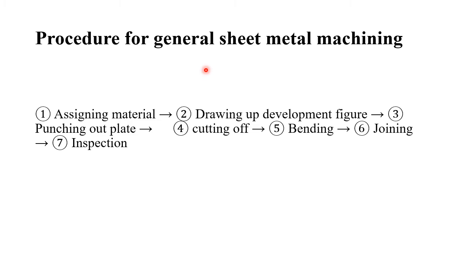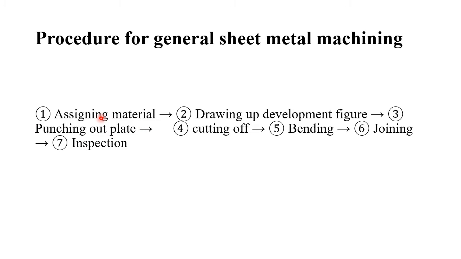From there we do a sketch or a drawing on Bristol paper, and then we move to step number 3, which is patching out the plate.